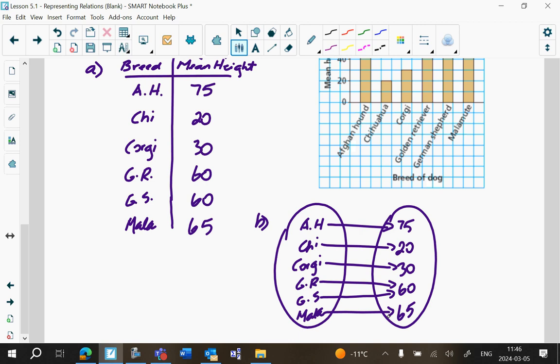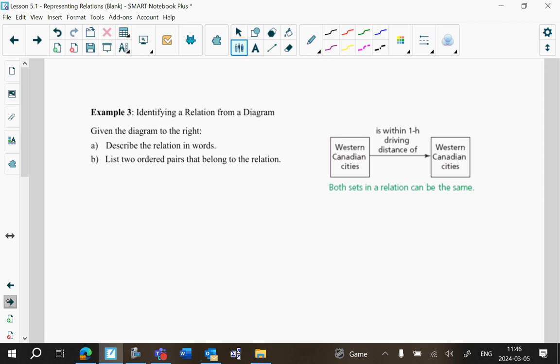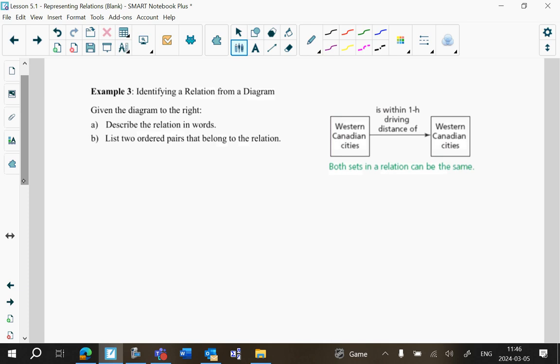Finally, and this is always one I find interesting, because it tests your geography skills. First of all, the relationship in words, it's Western Canadian cities that are within 1 hour driving of another Western Canadian city. Okay, so we won't worry about writing all that out.